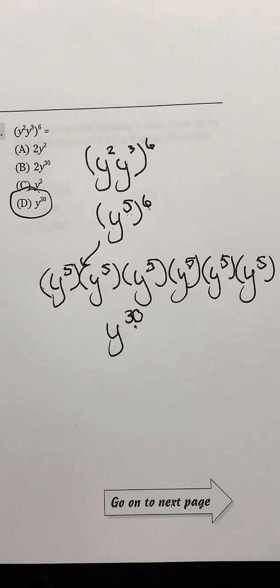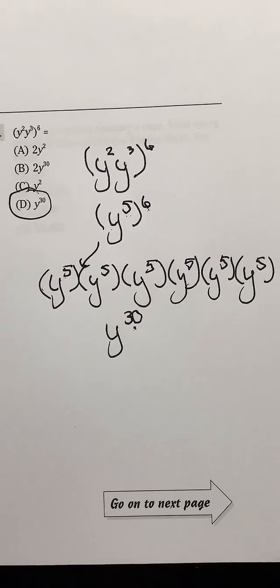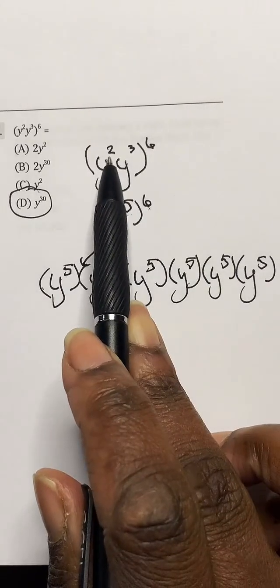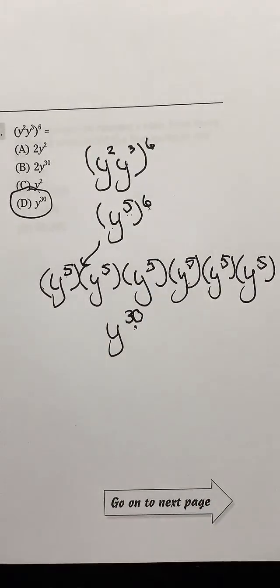Okay, do we get that, JoJo? Nope, we're not adding. We're multiplying, but adding the exponents. So you're not adding the coefficients. You're adding just the exponents.